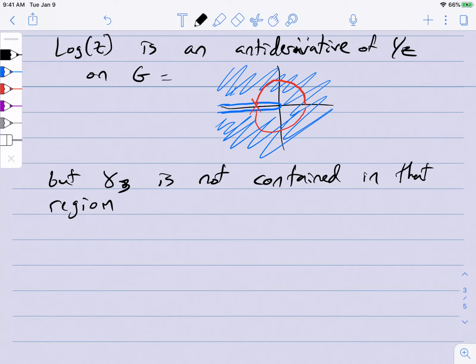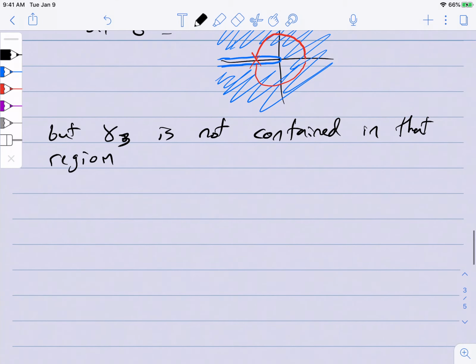Okay, so that was all about the first fundamental theorem of calculus, and there's also a second fundamental theorem of calculus as well for complex functions. So here's the theorem. And remember, the second fundamental theorem tells you how to get an antiderivative. So how to define an antiderivative.